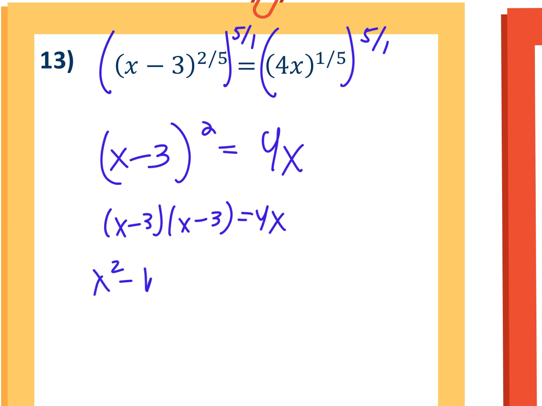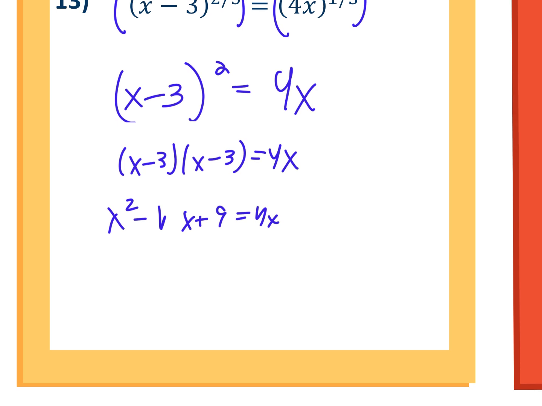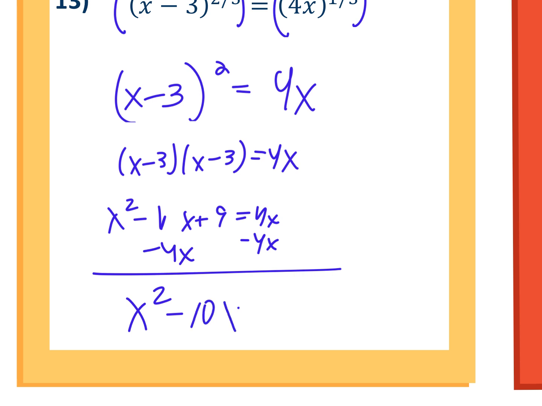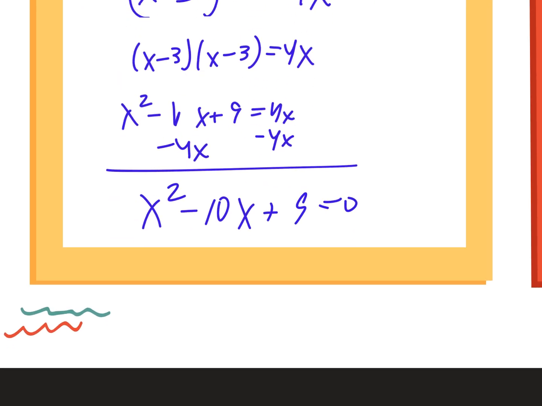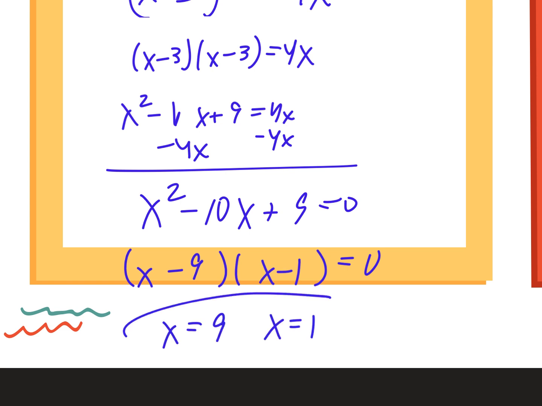X squared minus 6x plus 9 equals 4x. Subtract the 4x from both sides. So x squared minus what? 10x plus 9 equals 0. So what's x equal? So x minus 9, x minus 1, right? So x equals 9 and x equals 1.